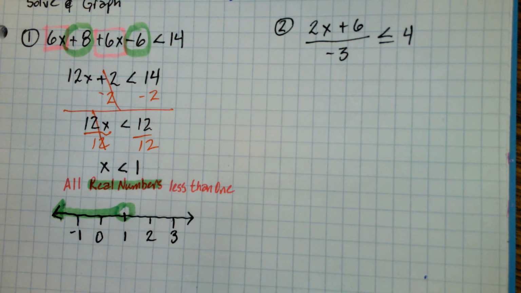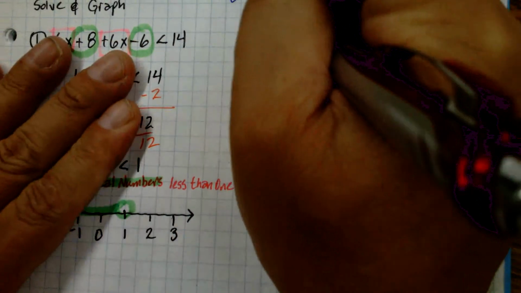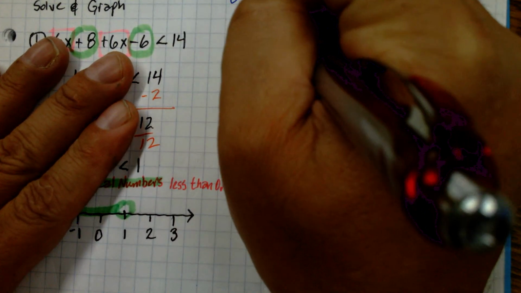The only thing is I can't get to that 6 because we have this division. So the dividing is kind of taking the place of parentheses. It's saying prioritize me. Yes. Multiply both sides by -3. Yeah, that's what we have to do. It's kind of like a grouping symbol in this case. It's telling you to take care of this first. So we have to multiply both sides by -3.